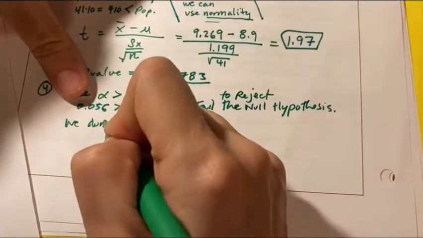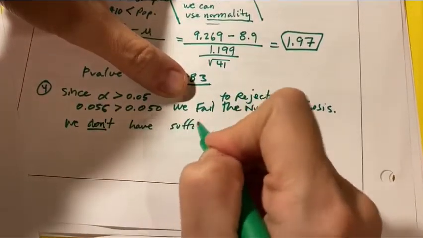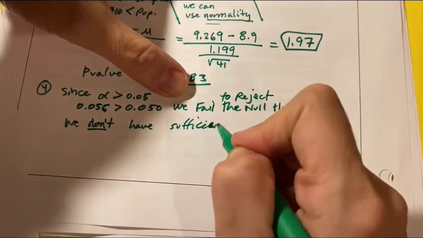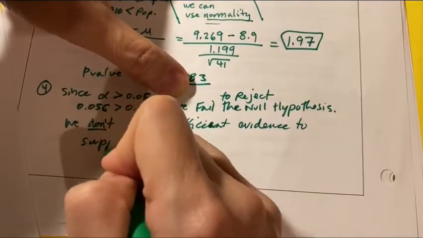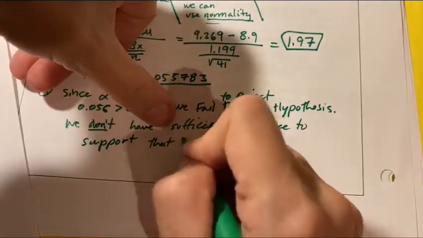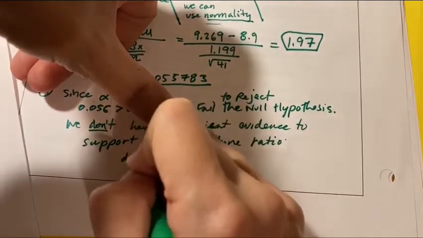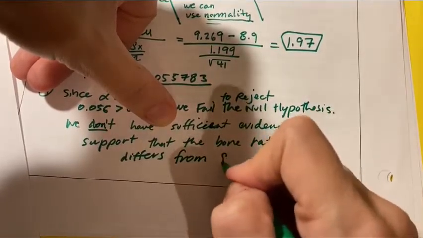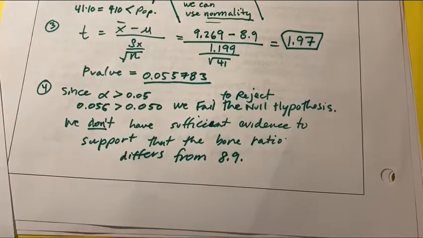We don't have sufficient evidence to support H sub A. What is H sub A? That the bone ratio differs from 8.9, right? We don't have sufficient evidence to show that it differs from that. So we're stuck with that.